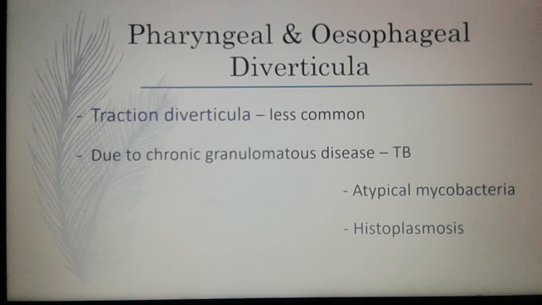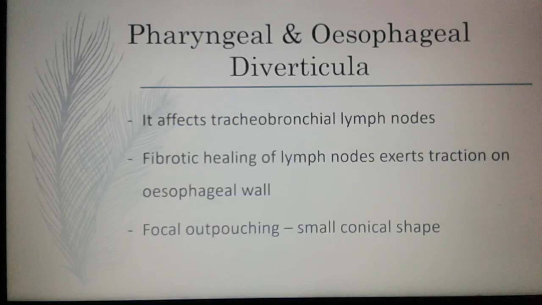Another variety of esophageal diverticula is the traction diverticula. Remember, traction diverticula arise due to some chronic granulomatous disease. There is fibrosis, and again traction is there, like in pulmonary Koch's or tuberculosis, due to some atypical mycobacteria infection, histoplasmosis. These are the diseases that can give rise to development of traction diverticulum.